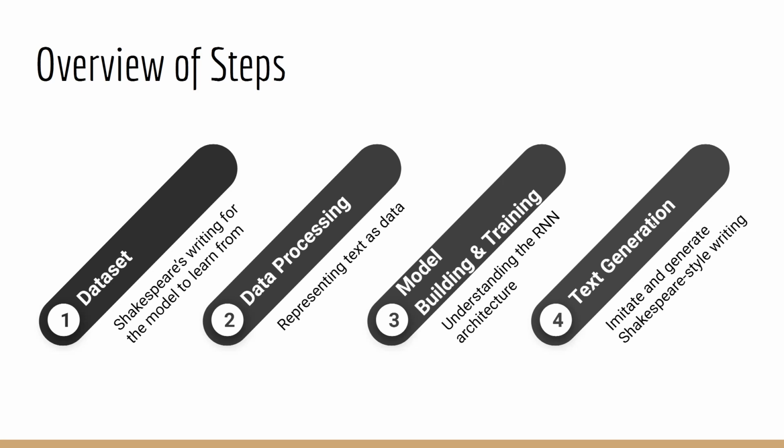And finally, once the model has been trained and has learned the data set, we can use it to solve the problem. It'll be able to generate writing that's close to the writing style Shakespeare uses. That's the overview of the steps we'll be taking today.